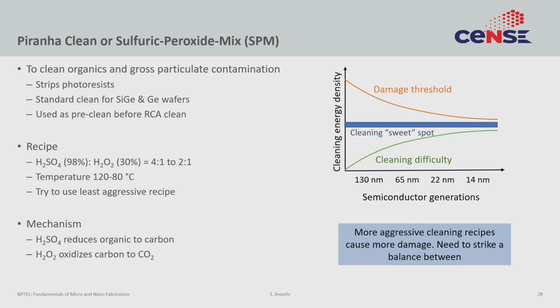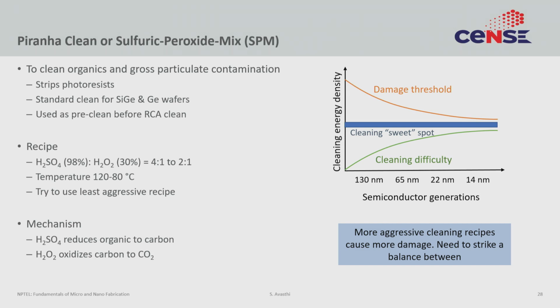All right. So, the first clean we are going to look at is called the piranha clean. It is also called the sulfuric peroxide mixture or SPM, and it is a mixture of a peroxide, which is hydrogen peroxide, and concentrated sulfuric acid. It is used to clean organics and gross particulate contamination.